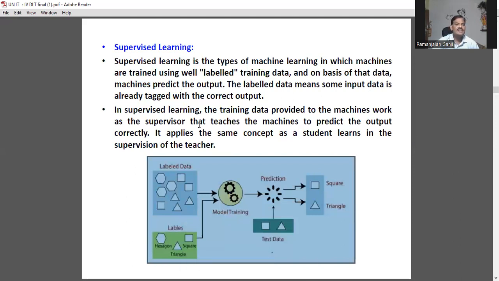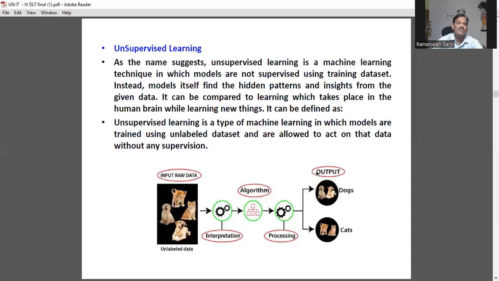In supervised learning, the training data provided to the machines works as a supervisor that teaches the machines to predict the output correctly. It applies the same concept as a student learning under the supervision of a teacher. For example, whatever components we have can be identified with the help of training data and known labels in order to produce our outcome, called supervised.